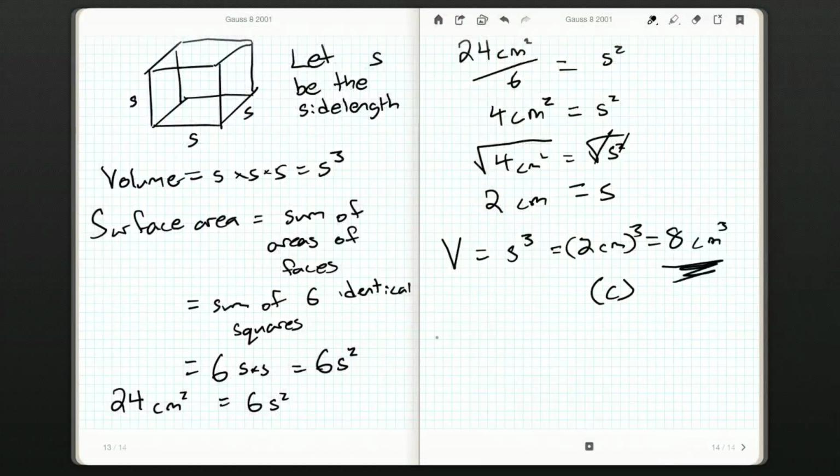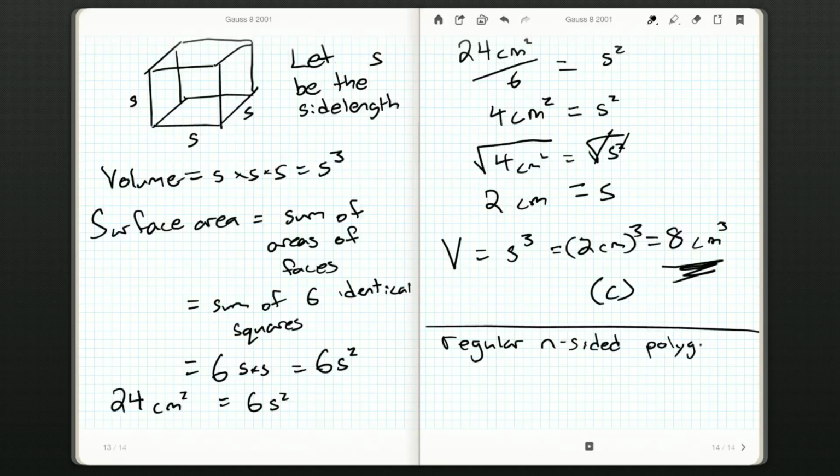We'll just write it down here, as it won't be part of the question 16 solution. A regular n-gon, where n is the number of sides. Maybe we'll call it a regular n-sided polygon. Every interior angle the same.